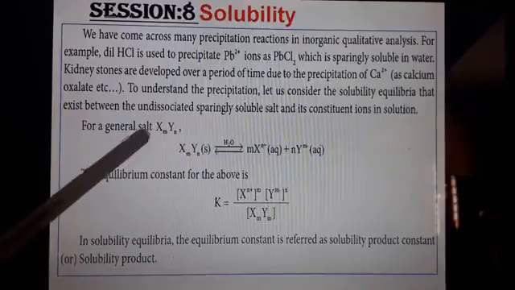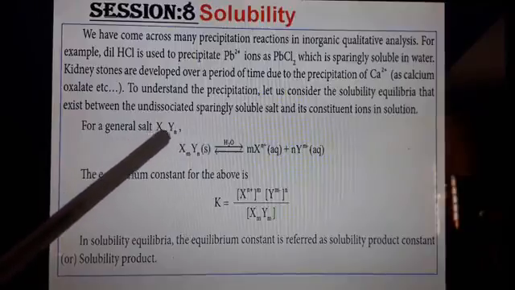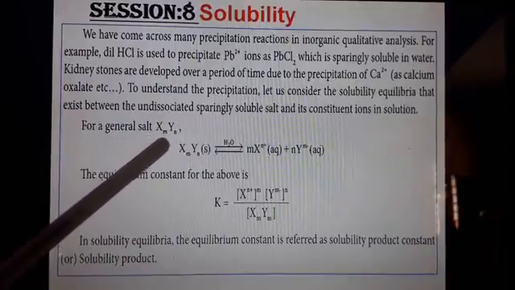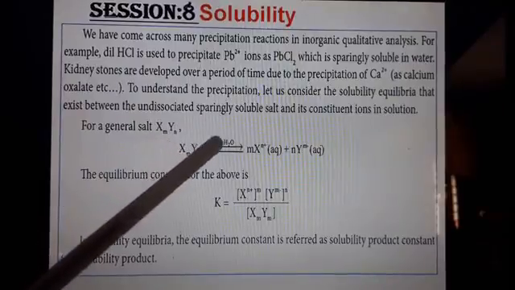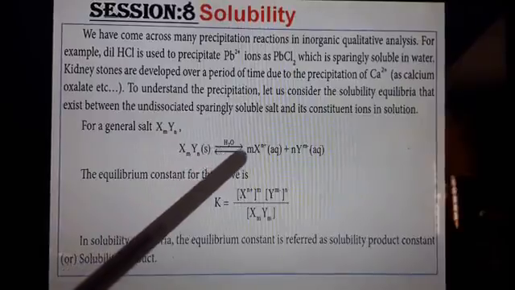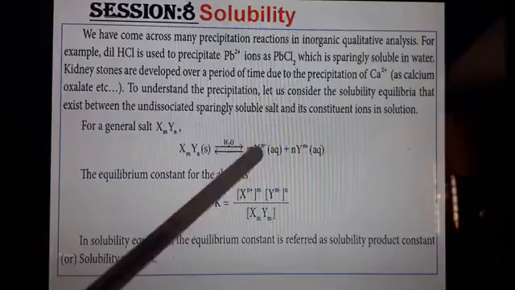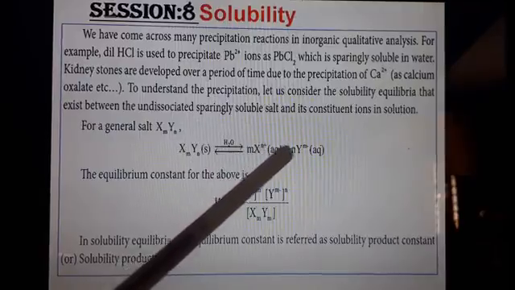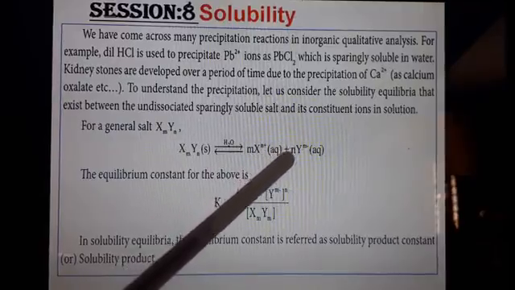In general, X M Y N is the salt. It dissolves in water to give M moles of X to the power N plus and N moles of Y to the power M minus.